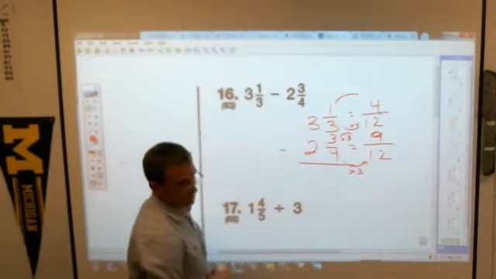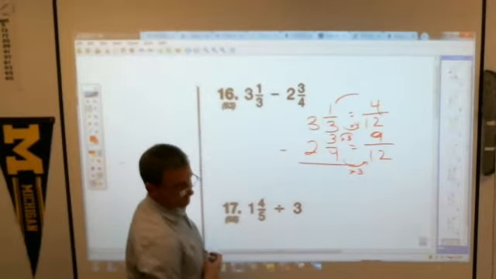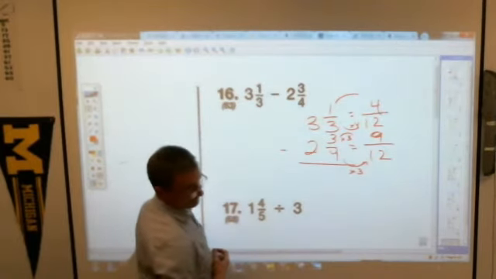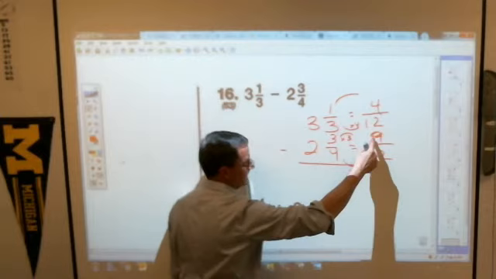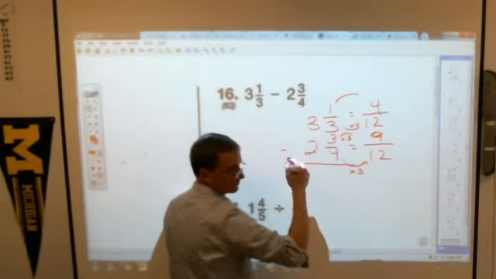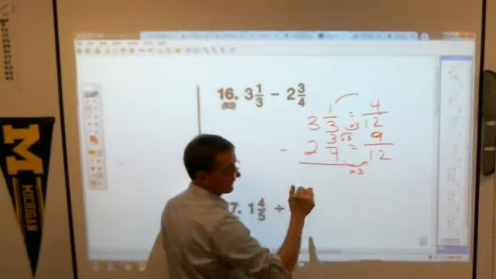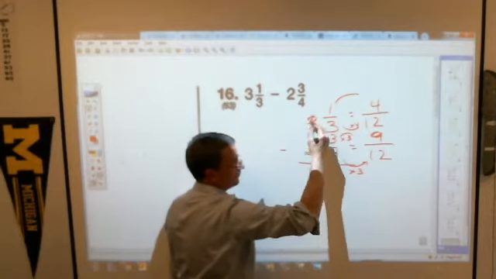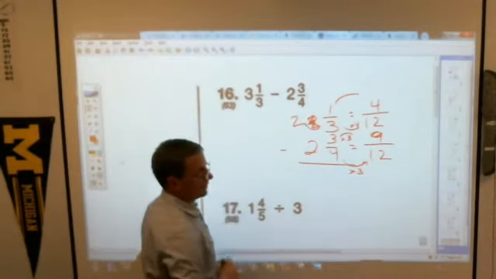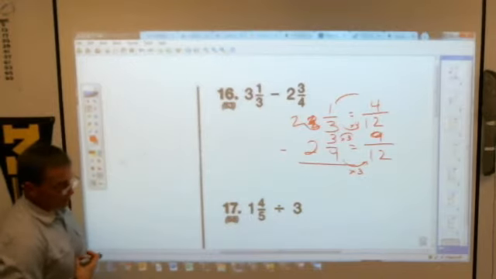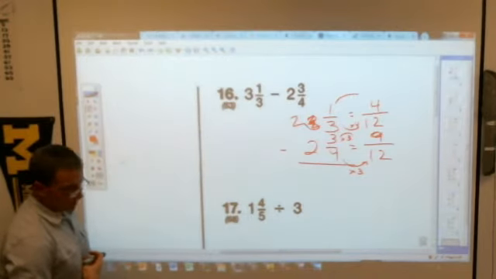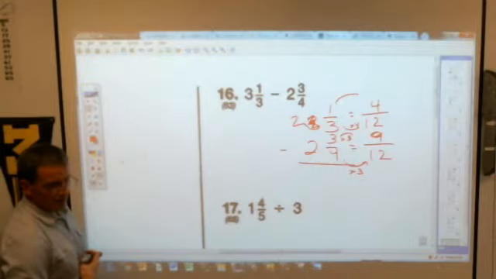And then where do we go from here now that all the children have grown up? You have to bring over the whole number. I can't take 9 from 4, so I do have to borrow from the 3. I take 1 away, it's a 2. Here's where everybody goes wrong. What is my new top number of the fraction? You have to add the bottom to the top.